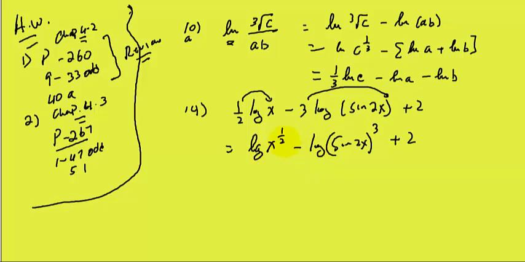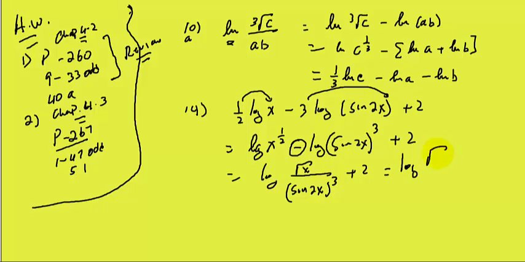Okay, so now this minus means division in logarithms, so log of square root of x, all that over sine of 2x to the 3rd plus 2. Okay, if you want to, you can also write this as a log of square root of x, all that over sine cubed of 2x, means the same thing.